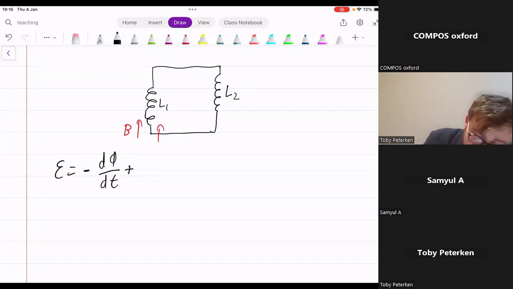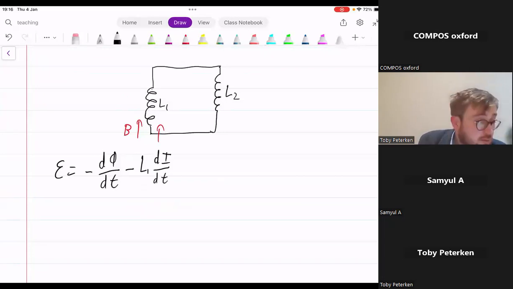Let's go around this way. So the rate of change of flux with time, minus L1 di by dt. Remember, the current changes. That, because of the inductor, creates a voltage.